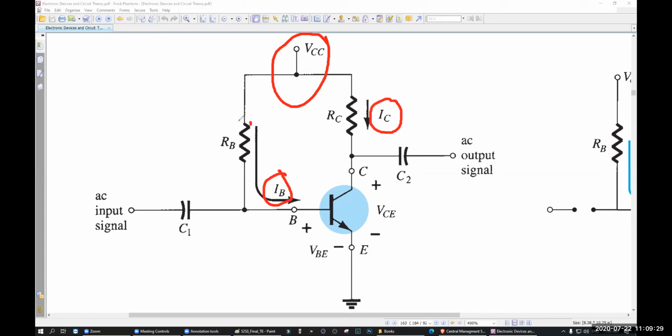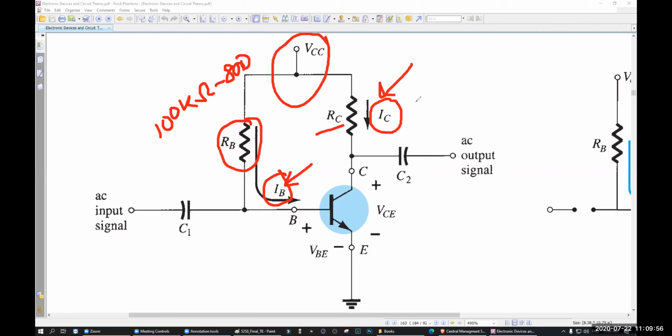So you have to give the resistance RB much bigger than RC. Otherwise, IB will not be smaller and IC will not be bigger. So RB is normally 100 kilo ohm to, let's say, 800 kilo ohm. This is not fixed, it can be changed, no problem.